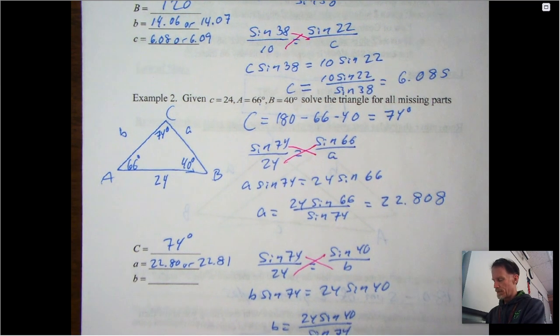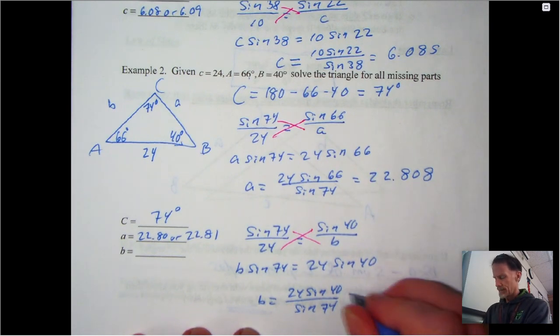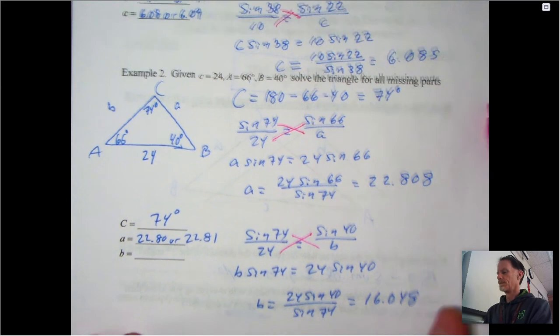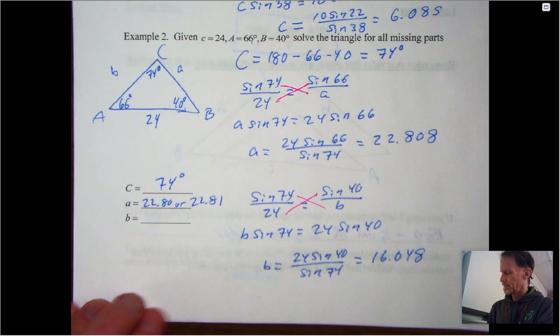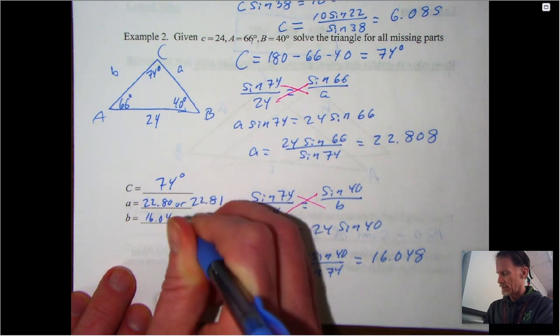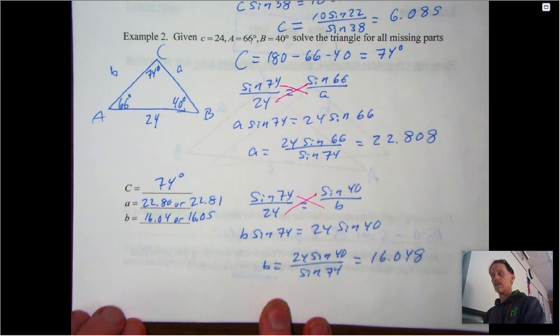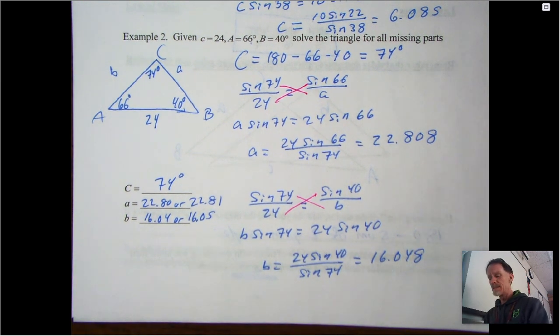And if you do 24 sine 40 divided by sine 74, you get 16.048. So 16.04 or 16.05.